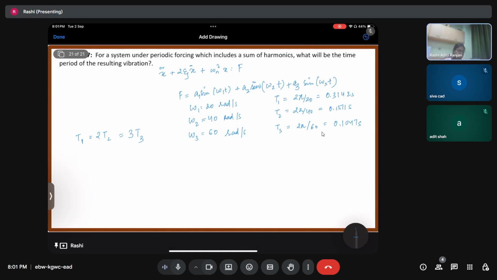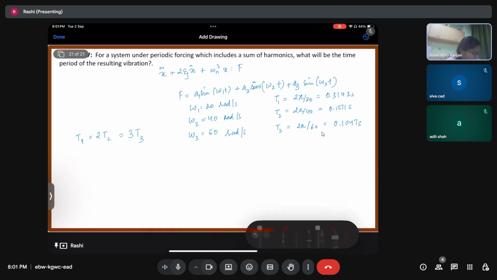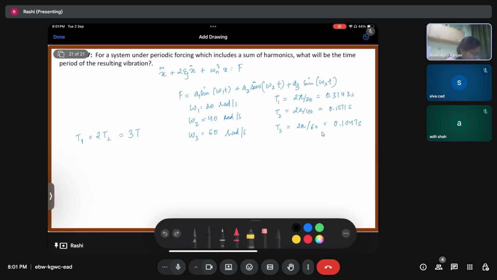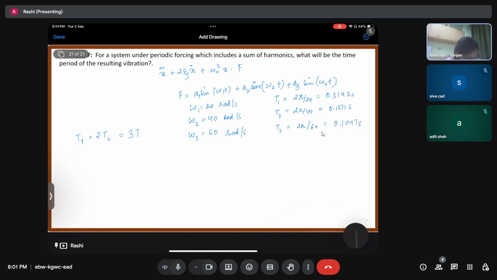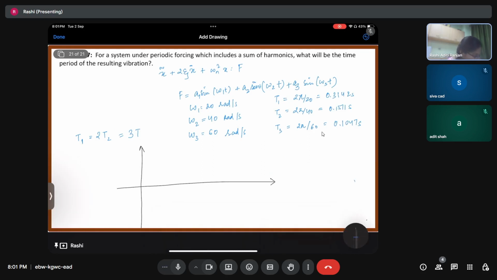So what I'm trying to say is, if I try to plot and show you, let us suppose that A1 is greater than A2 is greater than A3.